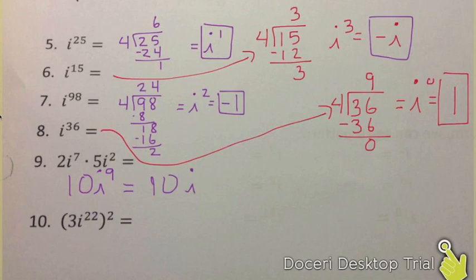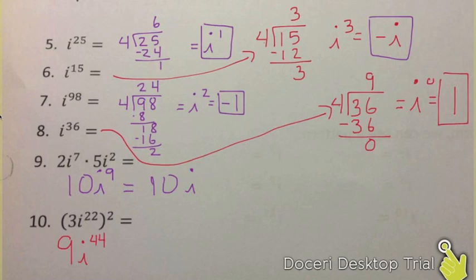And the last one, the trickiest one of all. We have 3i to the 22nd, squared. The whole thing is squared. So you want to make sure that you square everything there. So 3 squared turns into a 9. i to the 22nd raised to the second power means you multiply, so this is actually going to be i to the 44th power.